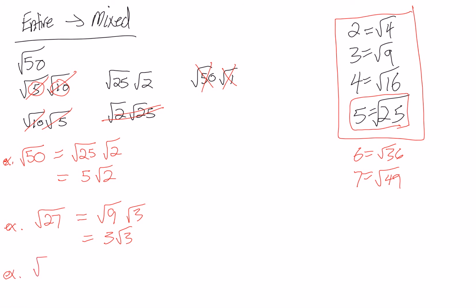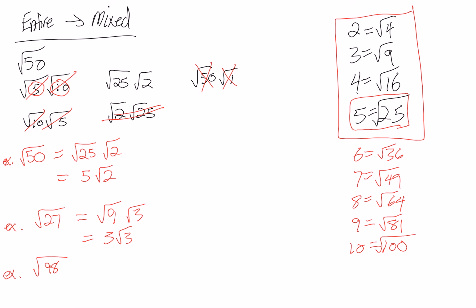So if I gave you the square root of 98, if we look at our chart, we'll keep going here. We've got 64, 9 would be 81, 10 would be 100.